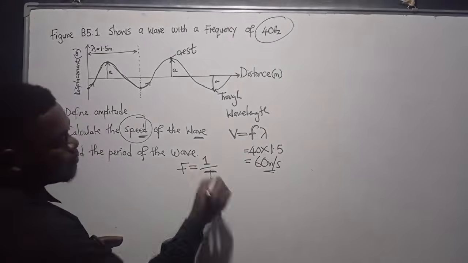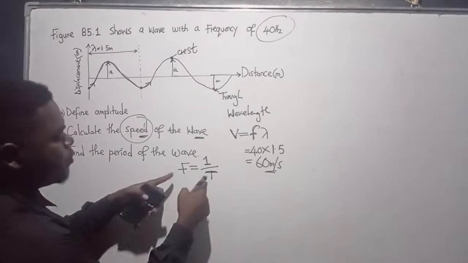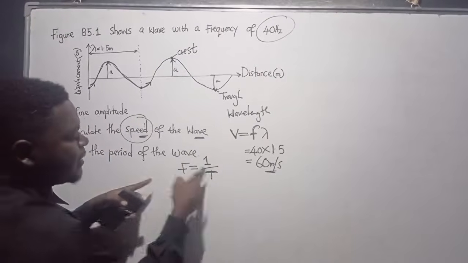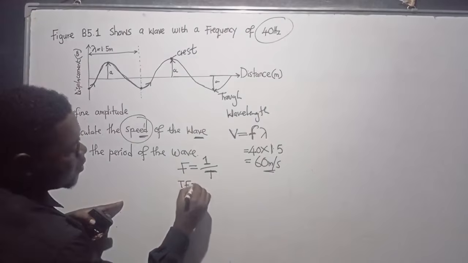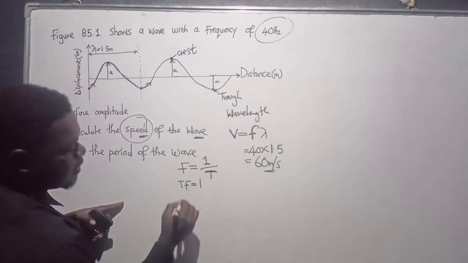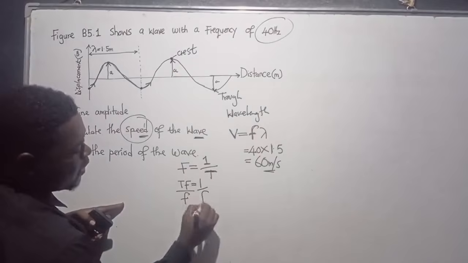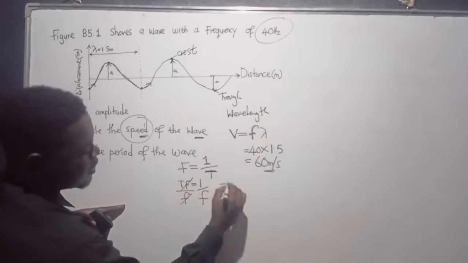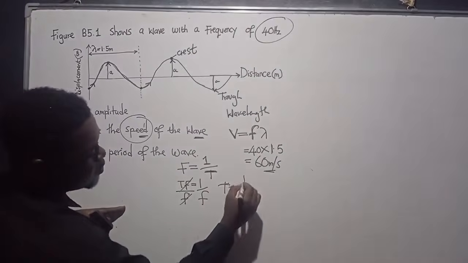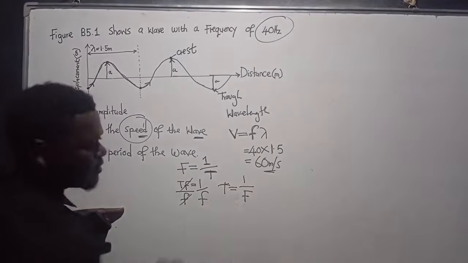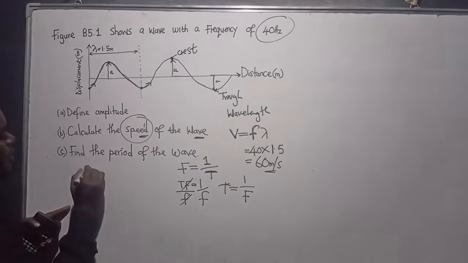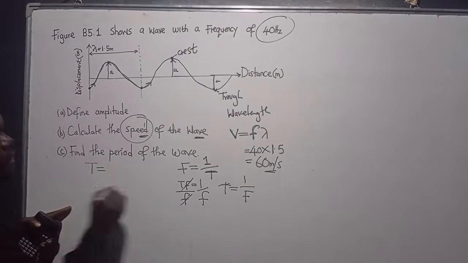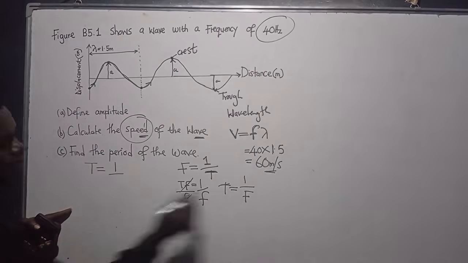If you make t the subject of the formula, you are going to have tf equal to 1 over f over f. So this cancelled. So t is also equal to 1 over what? Frequency. This is the formula that you can use. So you just say period is equal to 1 over frequency.